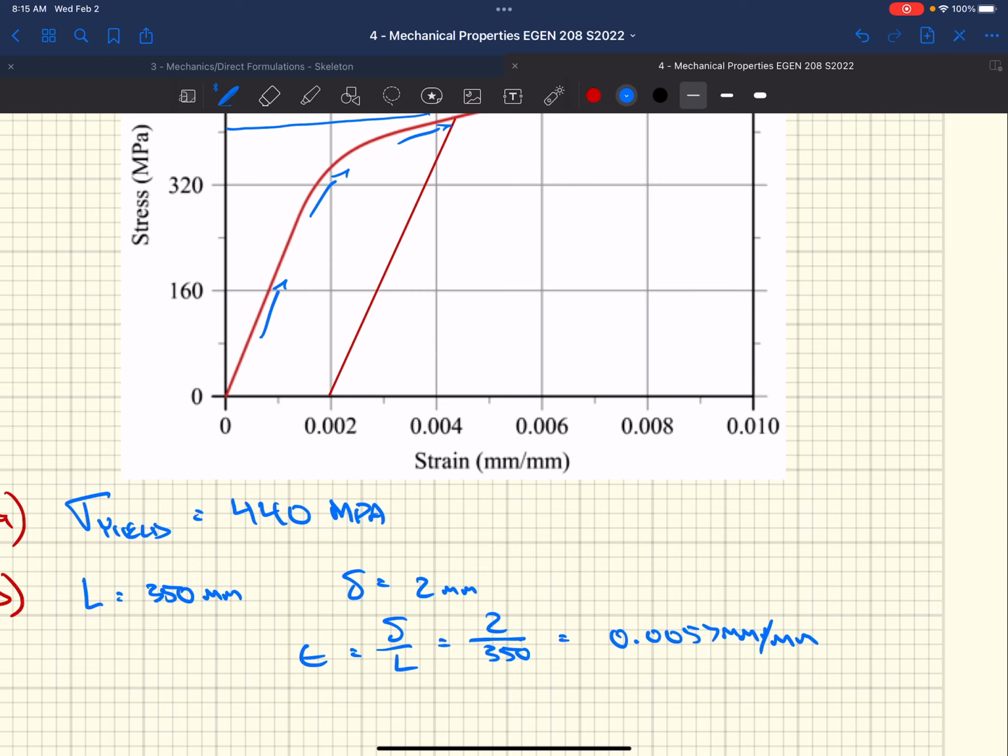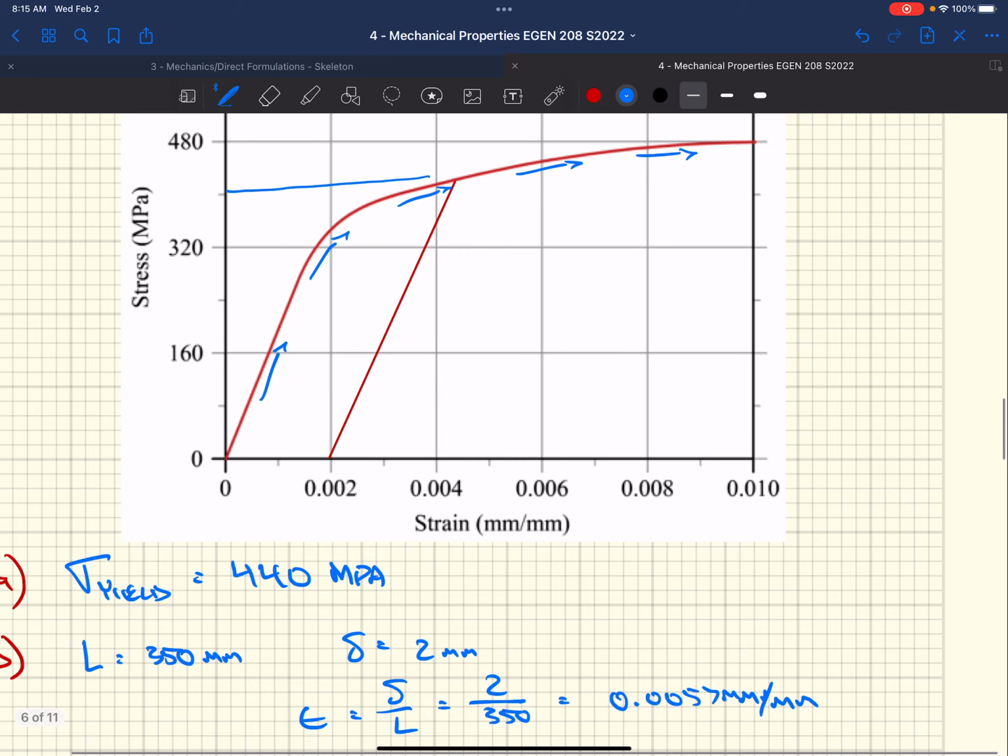All right. Well, we need to find where we're at on that curve. So we have effectively loaded this bar until we got to about here. Load it till we got to about there. Then we unloaded it, right?